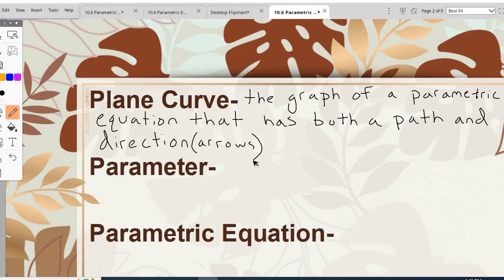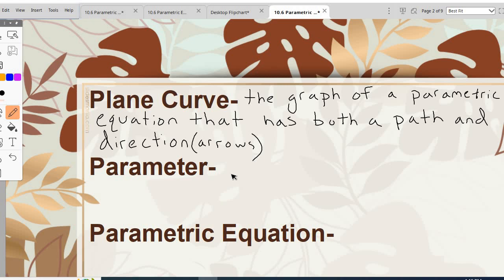Like I need to know, is this thing moving to the left and I need to overcorrect that? Or is this thing moving to the right and I need to overcorrect for that? So the direction matters. And just with a normal xy equation, we can't see like how our x or our y are changing over time. We just have points. And so having an x equation in terms of t and a y equation in terms of t allows us to see what direction we are moving on our path.